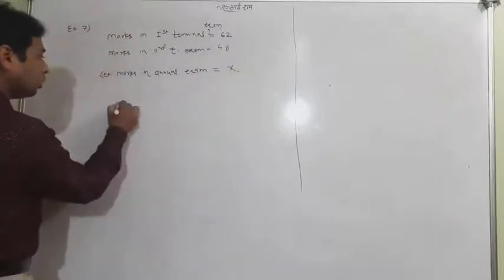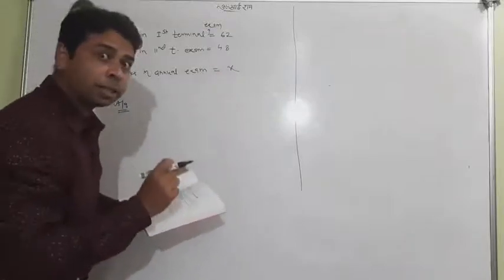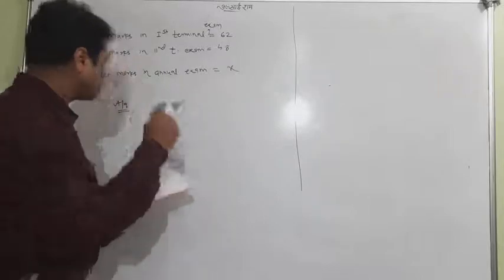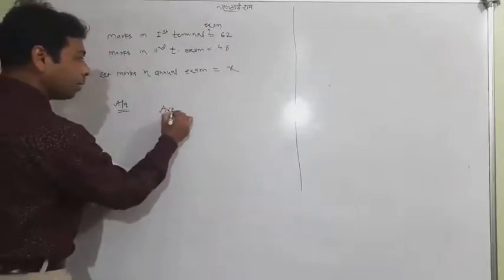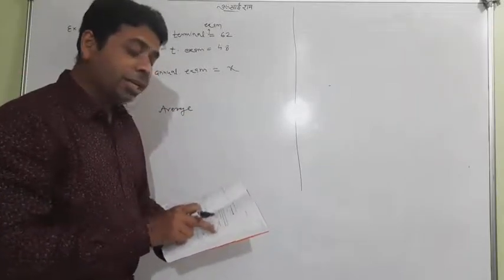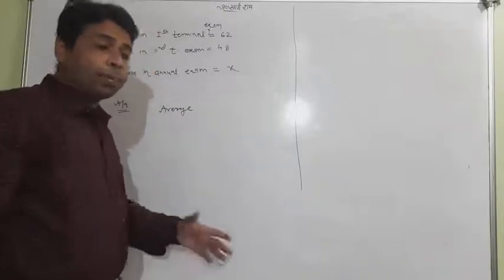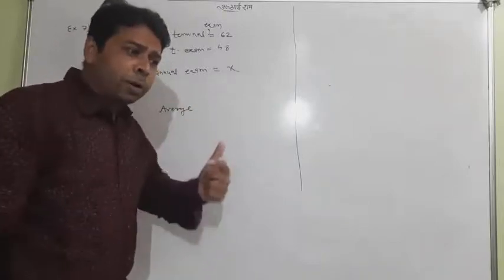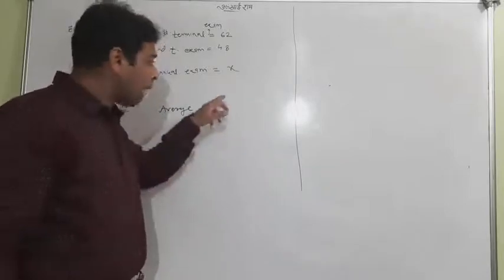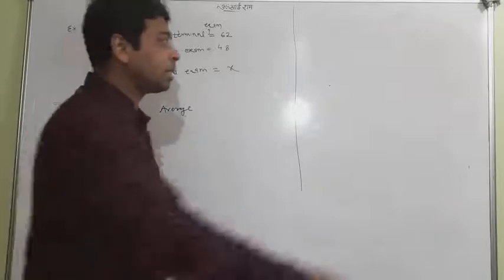As per the question, we have to find the minimum value of x, the minimum marks in the annual examination. Okay, we will find it, don't worry. According to the question, the average is given as at least 60 marks. Very good sentence, at least 60 marks. You have to remember what at least means.